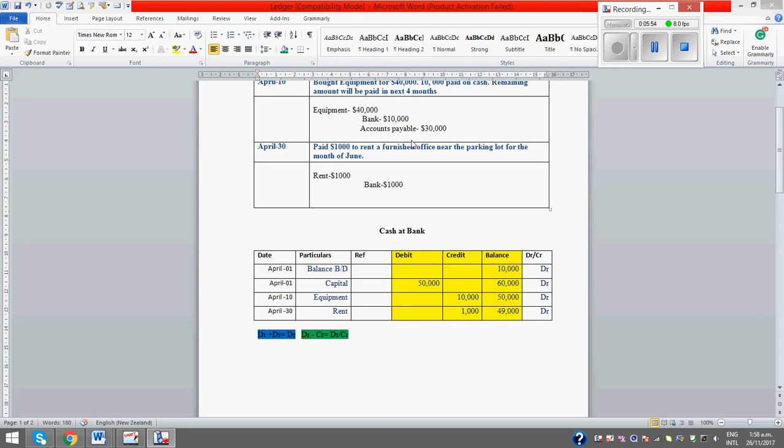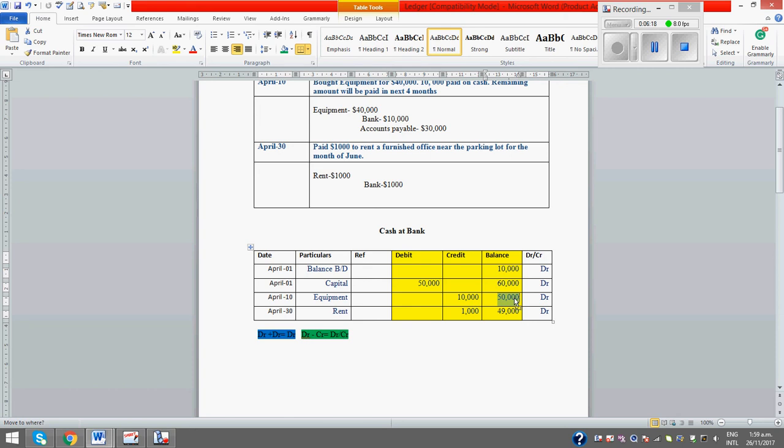Similarly, in the next one, your bank is credit. So again, bank is credit, and the opposite account you write in the particulars is rent. Your $50,000 is debit. Now you have $1,000 credit. So $50,000 minus 1,000, you get 49,000.